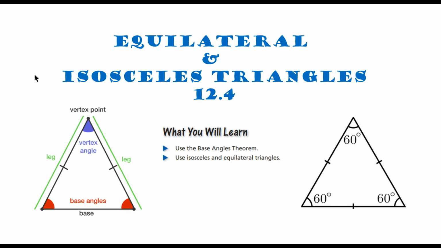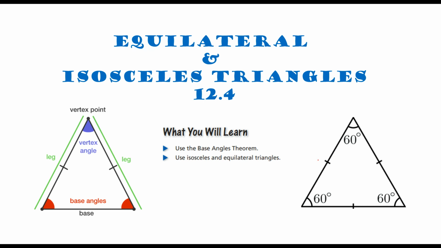So the first idea is equilateral triangles. Let me just get my pen out so I can mark on the slide. Great. So here's some vocab you've got. Legs are the two sides of the isosceles triangle that are equal. Then the base would be the other side. The base angles are on the base line and touching the leg, and the vertex angle would be at the top.